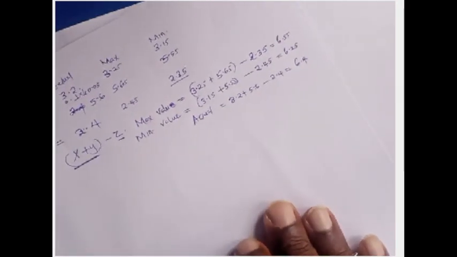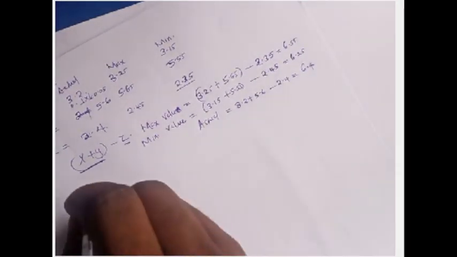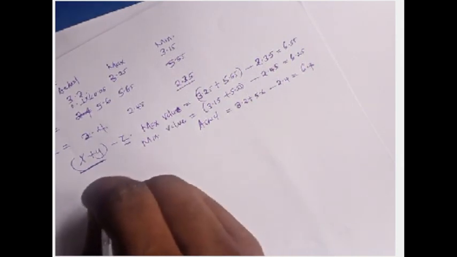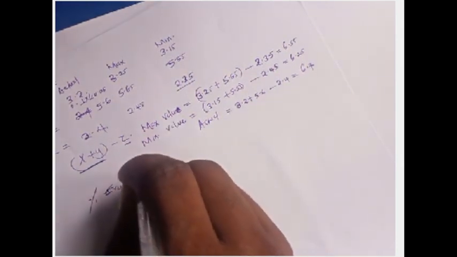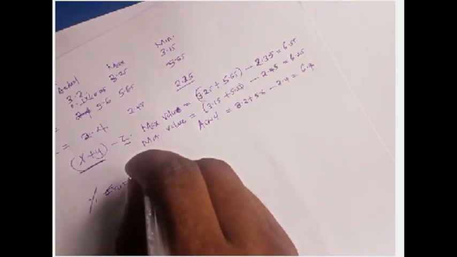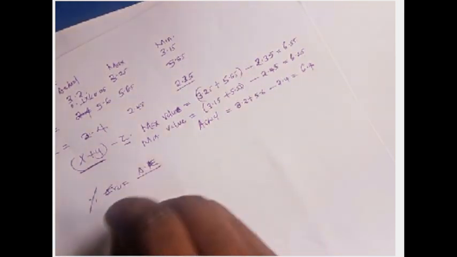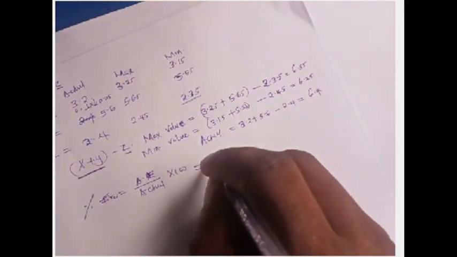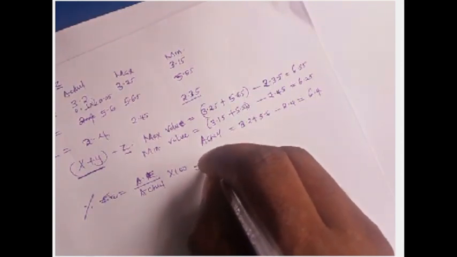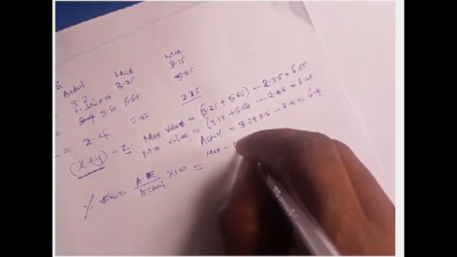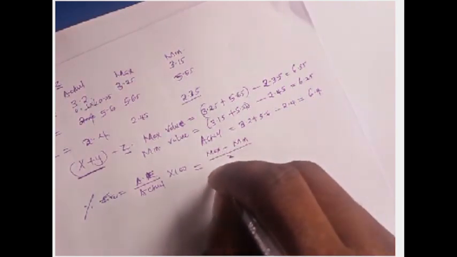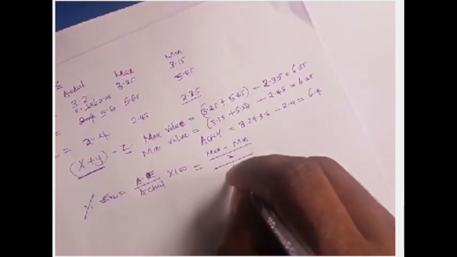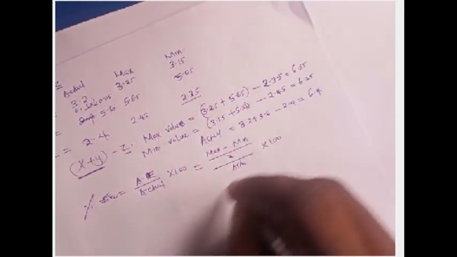We want to determine the percentage error. So percentage error is always equal to the absolute error over the actual, times 100. The absolute error is the difference of maximum minus minimum divided by 2, then over actual times 100.